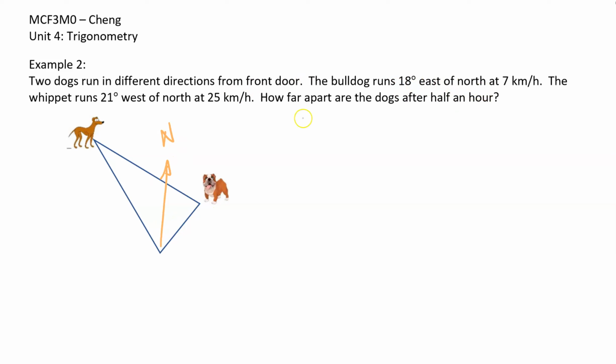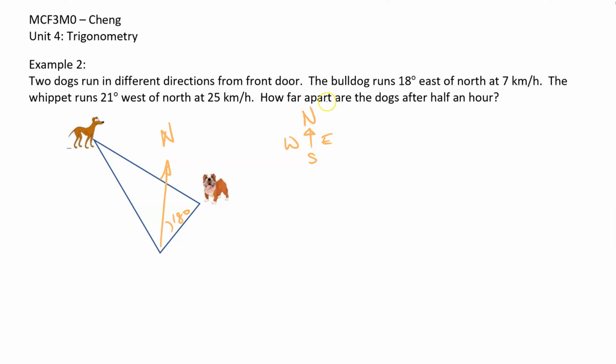And, if you know the way that looks, never eat shredded wheat, going clockwise, then the bulldog went this way 18 degrees. Right? And the whippet went the other way.